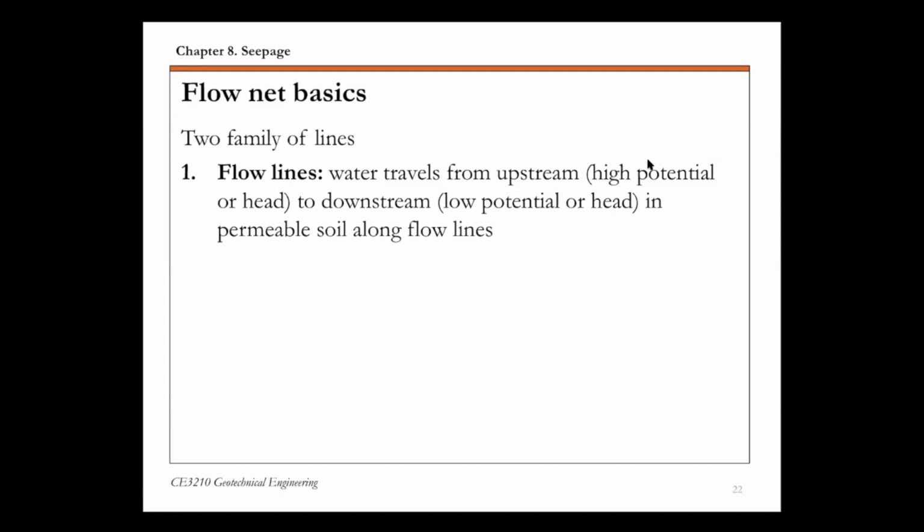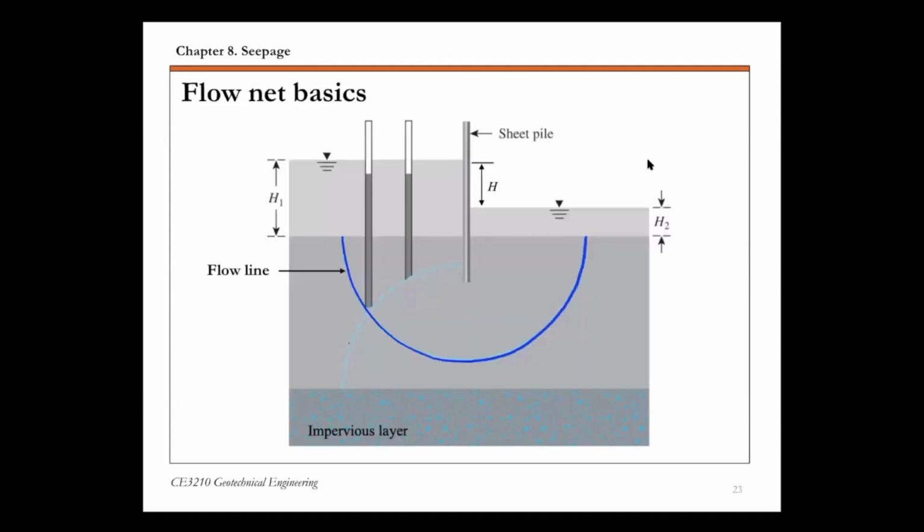A flow net consists of two basic types of lines, two families of lines. The first one is called the flow lines. Flow lines are basically where water travels. Water travels from upstream to downstream through the permeable soil along flow lines. If I show this flow net again, isolating just the two types of lines, this blue line highlighted on this slide is the flow line.